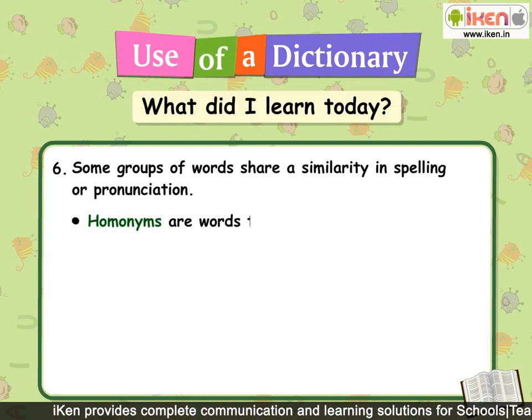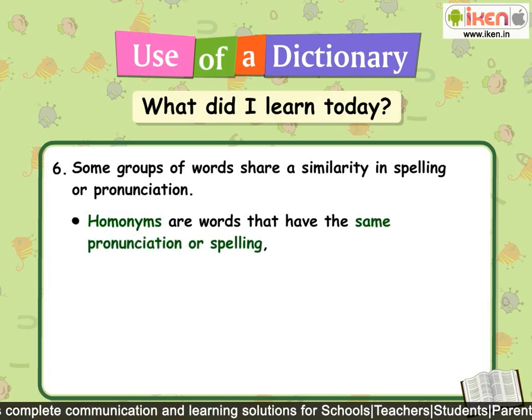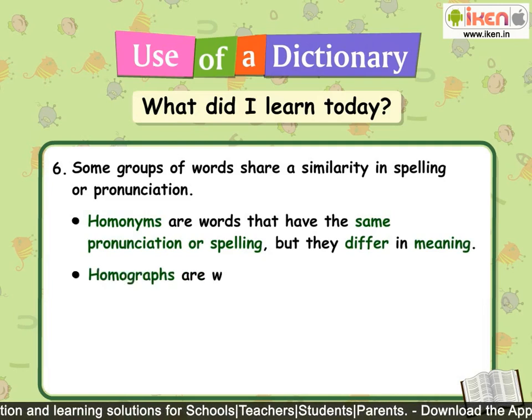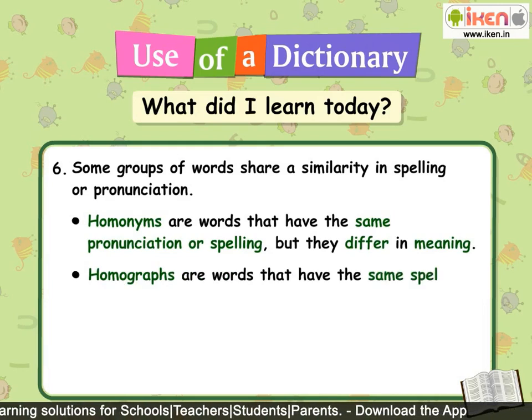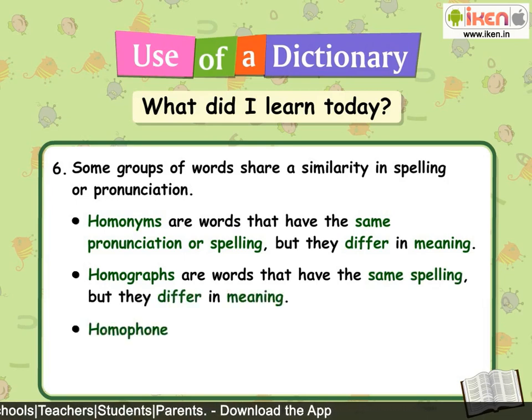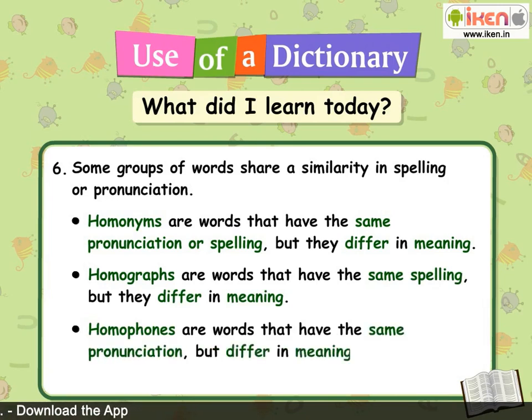Homonyms are words that have the same pronunciation or spelling but they differ in meaning. Homographs are words that have the same spelling but they differ in meaning. Homophones are words that have the same pronunciation but differ in meaning, spelling, or both.